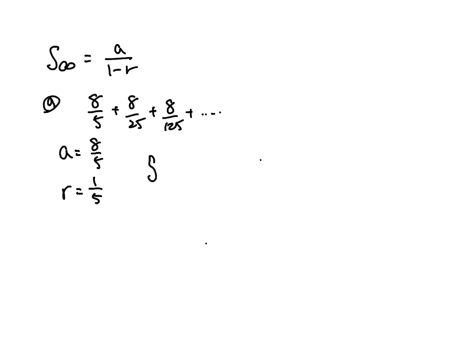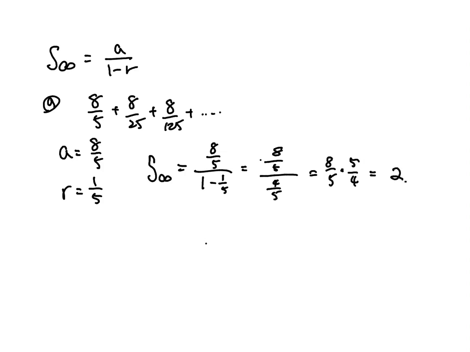So the infinite sum is 8 over 5 over 1 minus 1/5, which is 8 over 5 divided by 4/5, which is 8 over 5 times 5 over 4. So the answer is 2. 2 is the infinite sum of this particular infinite series.